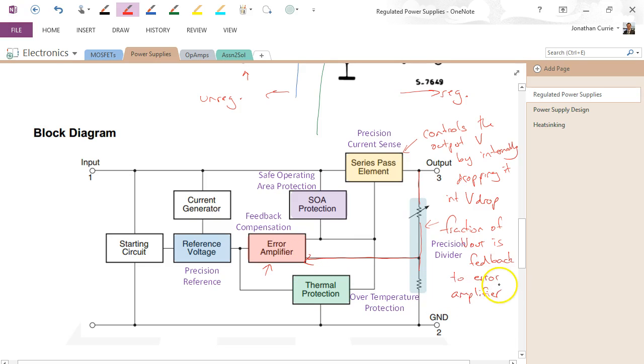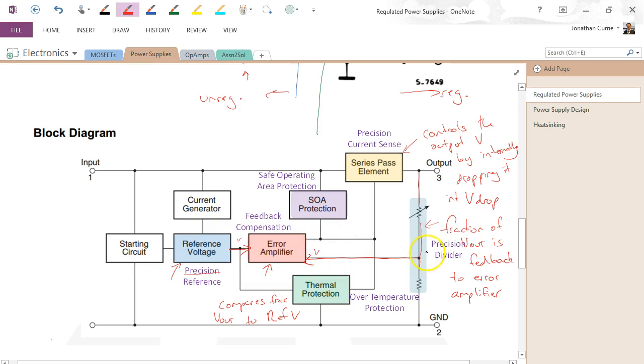Now the error amplifier compares the fraction of V out to a reference voltage, this one here, which is very, very accurate, and it compares the difference between those two.